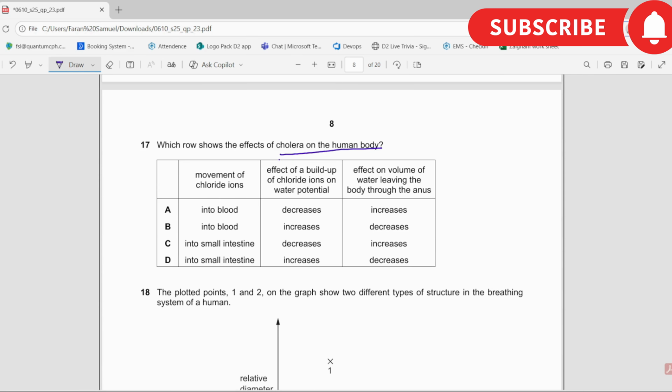Water potential would decrease because there are chloride ions. And because of the decrease in the water potential, the water moves out. Exactly. So C.